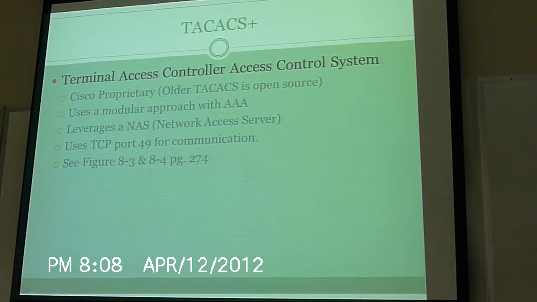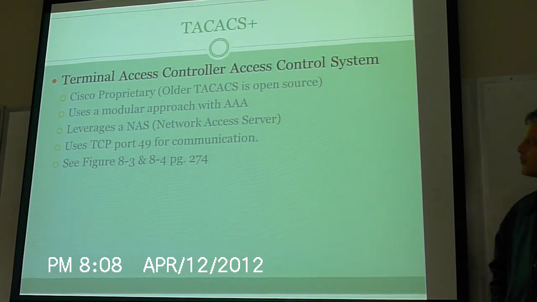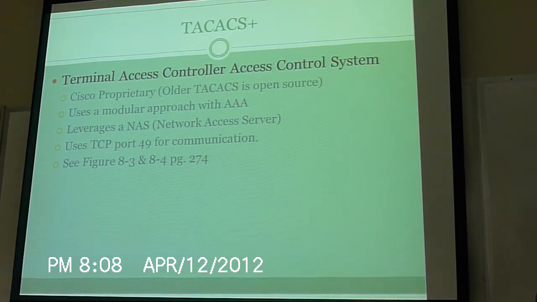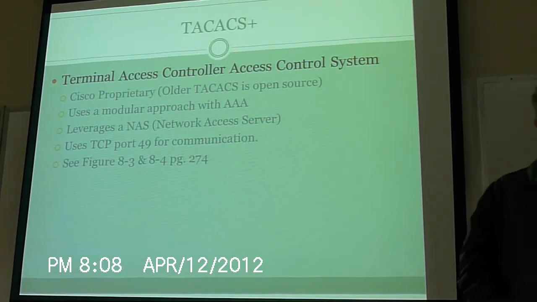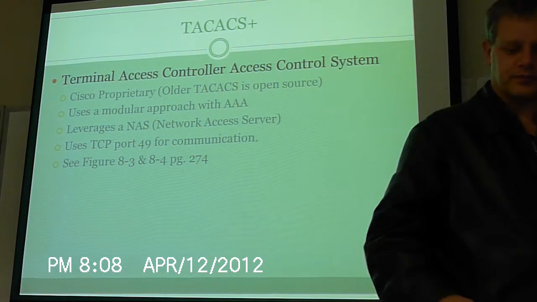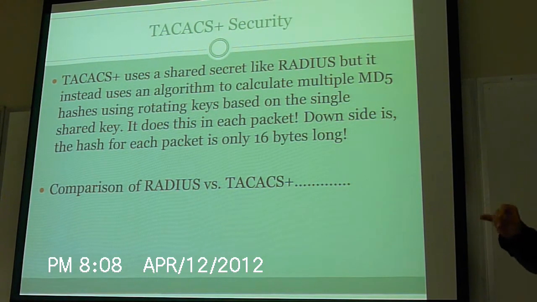They're two different things. All a NAS is, is a router or switch, whatever you're trying to get into. TACACS uses TCP, port 49, for communication. Now, let's stop there real quick and talk about the differences, the pros and cons between TACACS and Radius.